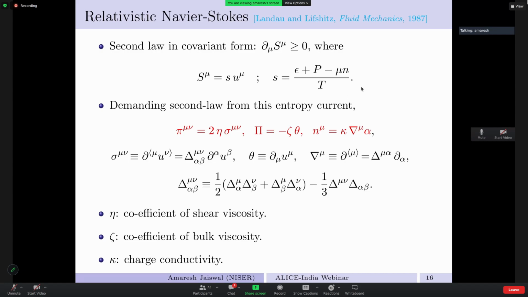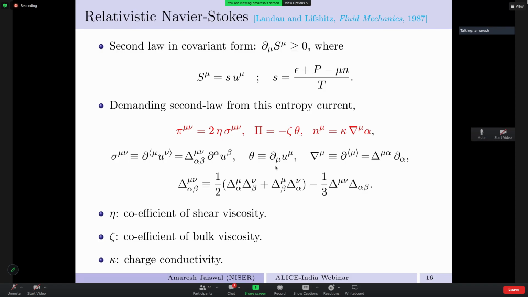Okay. So these dissipative quantities which we obtain, this is the expression that we obtain from the second law of thermodynamics in covariant form, and we can see that it depends on a hydrodynamic gradient and a coefficient. All of them have a hydrodynamic gradient and a coefficient.